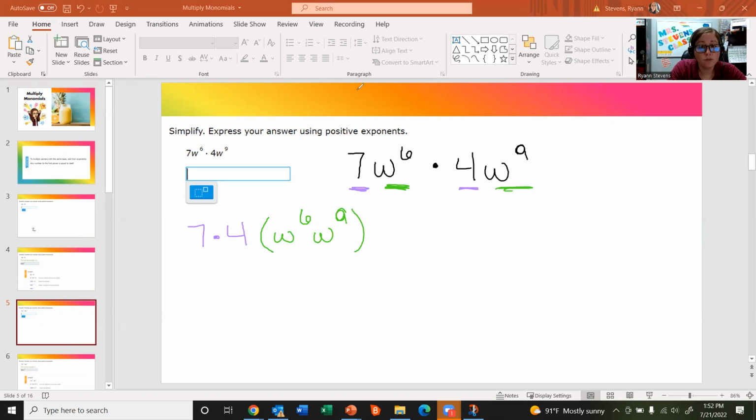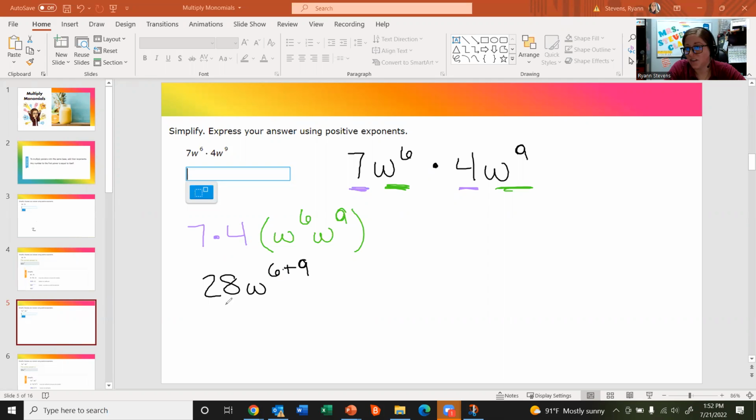And then we want to multiply the coefficients. So 7 times 4 is 28. But then what we also want to do is we want to multiply using the product of powers property. So in that case, we're actually going to add the exponents. So we would have 28w to the 6 plus 9 power.